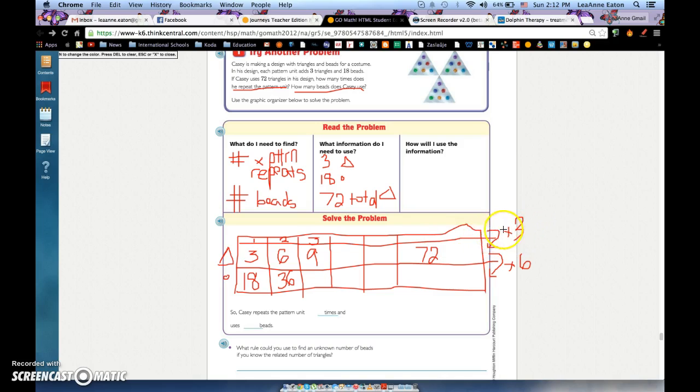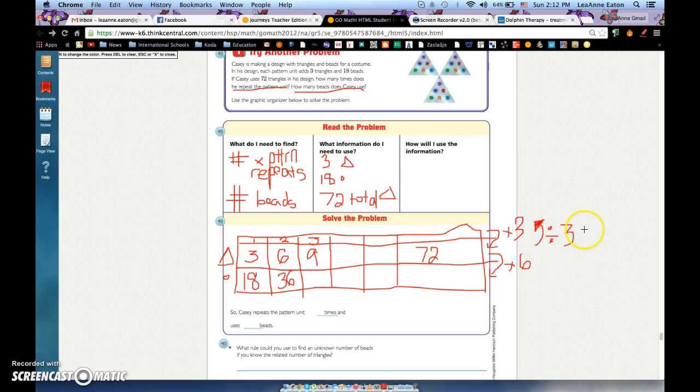If we want to get from units to triangles, we multiply by 3. Well, how do we get from the triangles to the units? What do you think, Ace? Yeah, to get from triangles to units, we're going backwards, so we simply divide by 3, because the opposite of multiplying by 3 is dividing by 3.